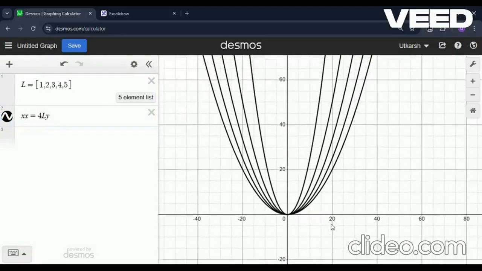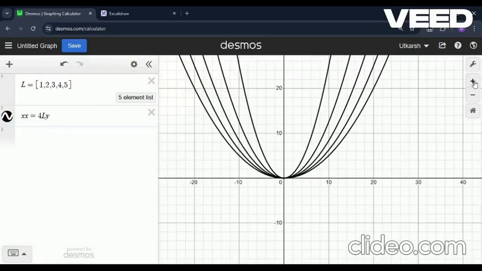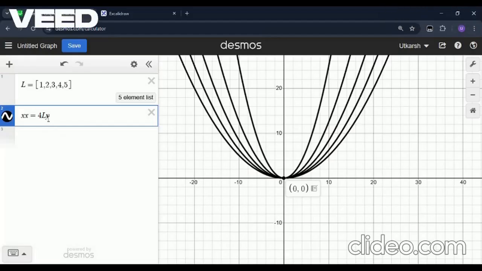So yes, you can see that 5 parabolas have been drawn of different sizes. Again, the vertex is at the origin, and I've just replaced a with L. Now the graph will abstract the values of a from the list L one by one, and so this is a very useful feature.